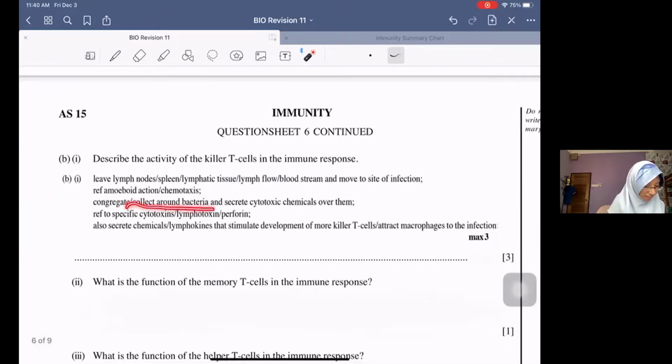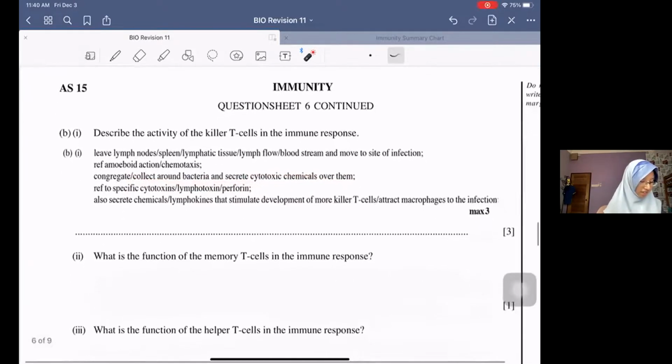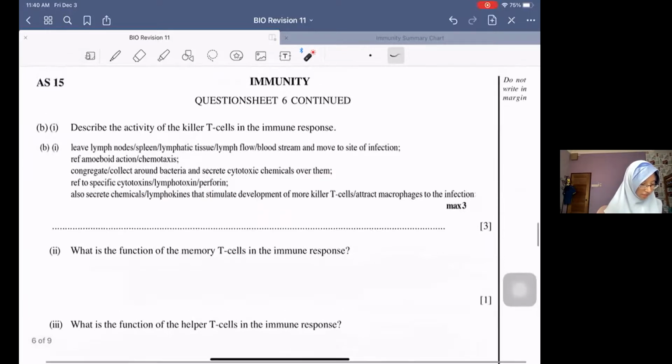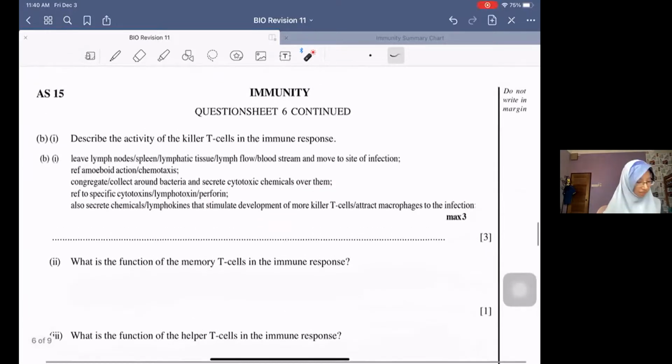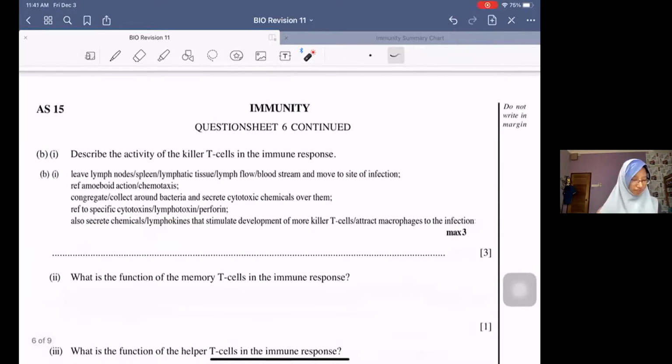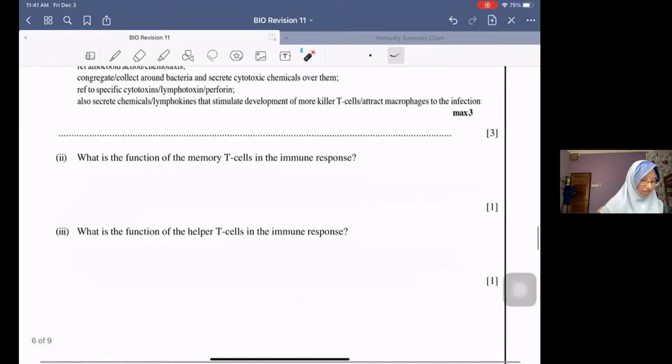Then they collect around bacteria and secrete cytotoxic chemicals, they bind, then they inject chemicals. They also call their gang to come, secreting chemicals like lymphokines to call more of their gang to come and help.